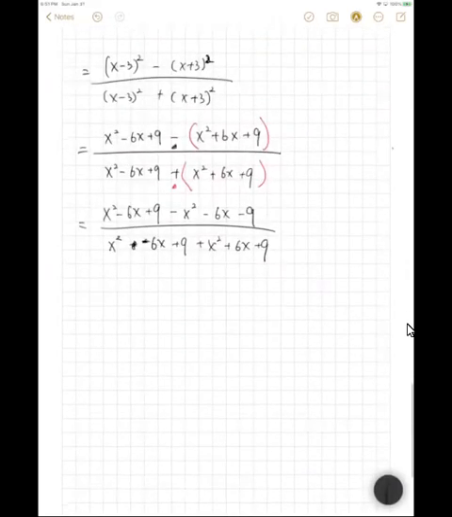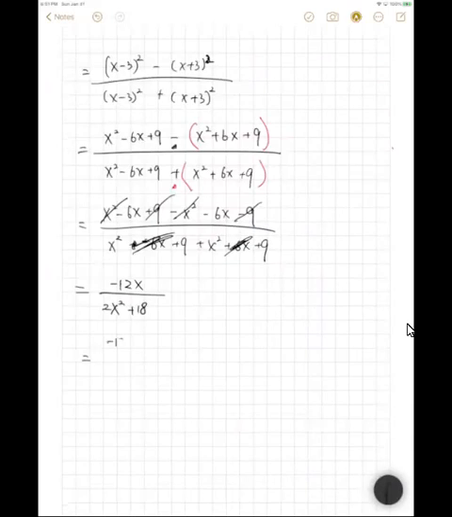Now we can combine all the like terms: x squared minus x squared, plus 9 minus 9, negative 6x minus 6x, which is negative 12x, over x squared plus x squared, minus 6x plus 6x, plus 18. So I have 2x squared plus 18. We can try to reduce it since they have a common factor.